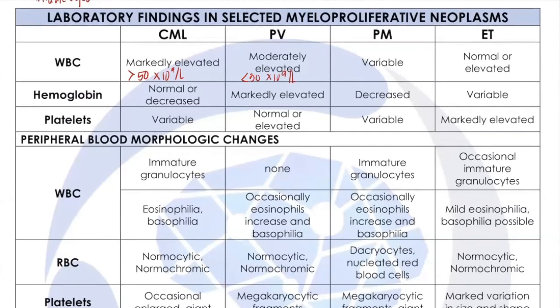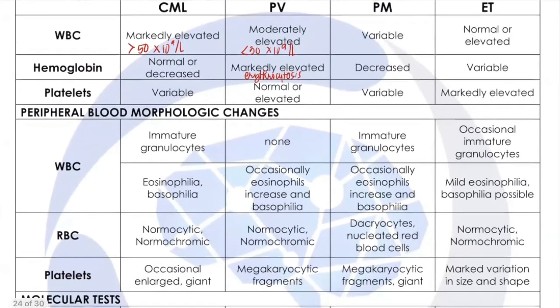Okay, hemoglobin is markedly elevated. Why? Because PV is characterized by erythrocytosis. And platelets might be normal or elevated. Okay, so WBC, there are no immature granulocytes. Occasionally, eosinophils increase and nagkakaroon din ng basophilia.